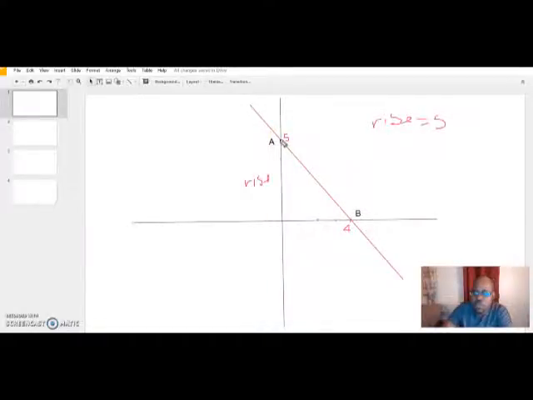Let me try to draw another line. Let's say I got a line right here, a yellow line. You see the difference? The rise is still 5, but as you can see, this one is more inclined because of this running. This is less.